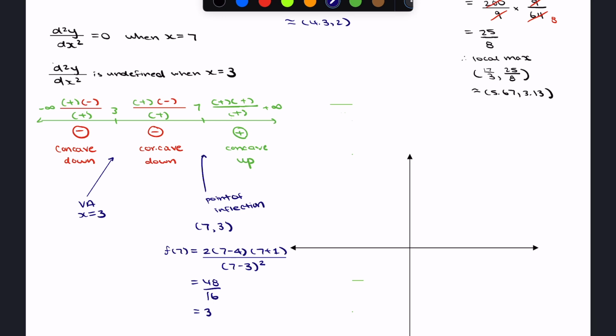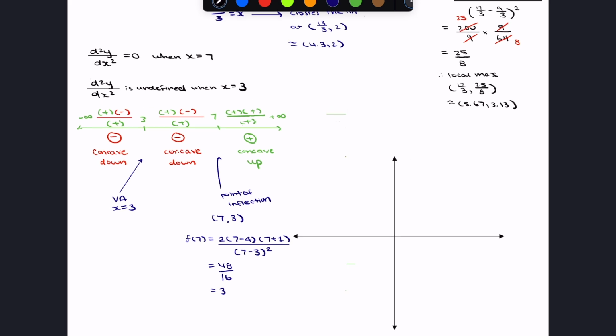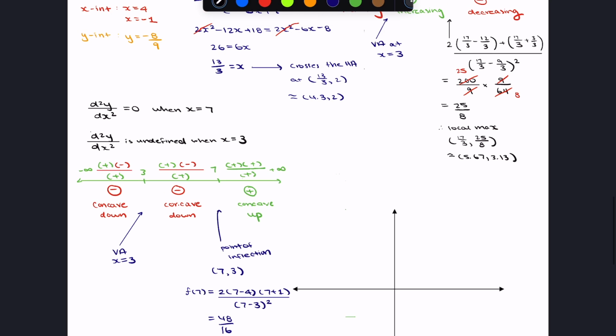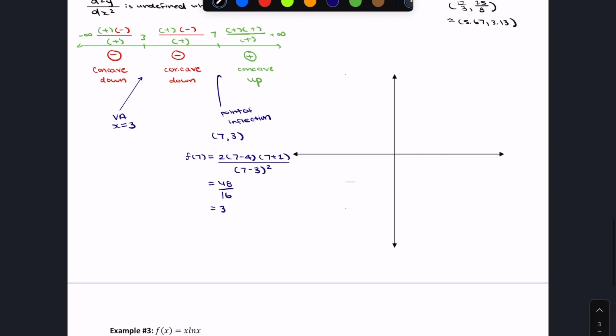Okay, so now we know a couple of points in our information that was provided from the original function, the first derivative, and the second derivative. Now we'll graph this.